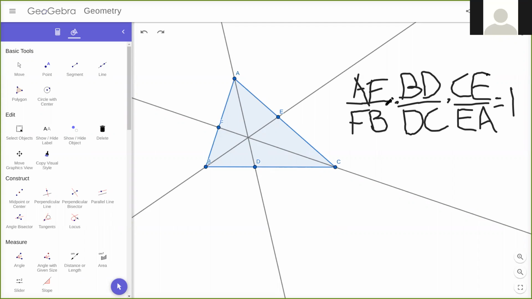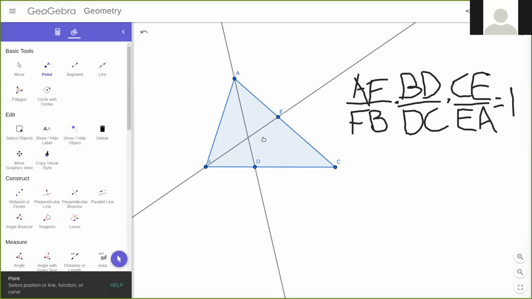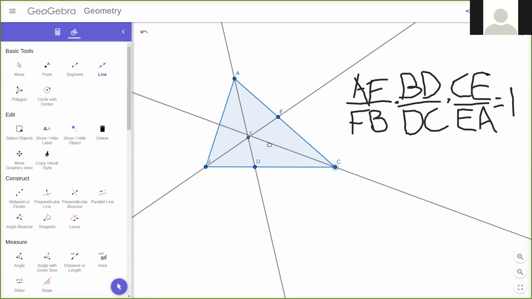Okay, so one thing is we want to find out a property about lengths. And we start out with a property about the lines. The thing is that if we assume they are concurrent, then we have to start out with the assumption that they are concurrent.